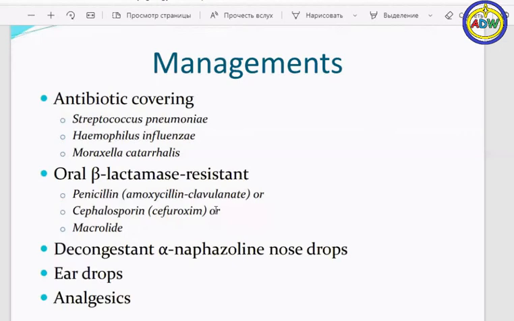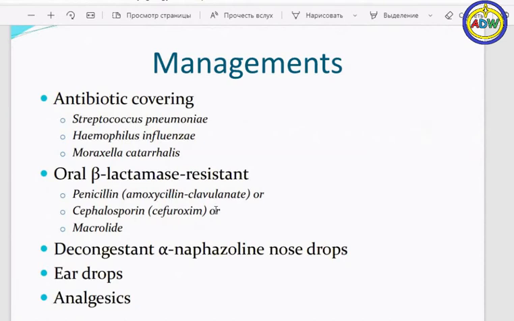Or we can use the cephalosporin group of antibiotics or macrolides, for example azithromycin, clarithromycin, roxithromycin, and others.